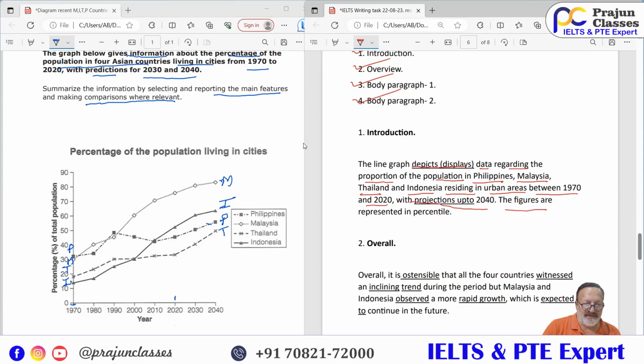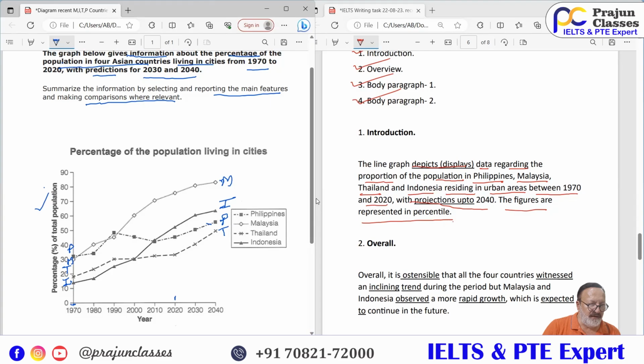The figures are represented in percentile. This also you can write in your introduction, what is given on the y-axis. So here you write percentile of total population. So this is the introduction, and it remains almost the same for all the paragraphs that we have to report.